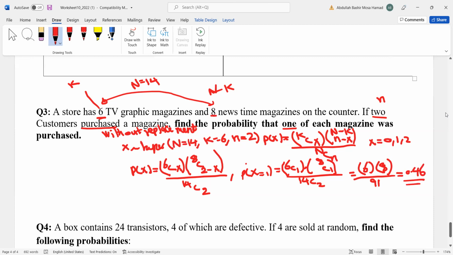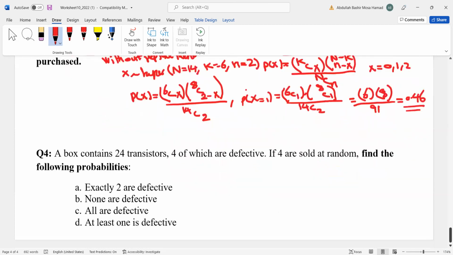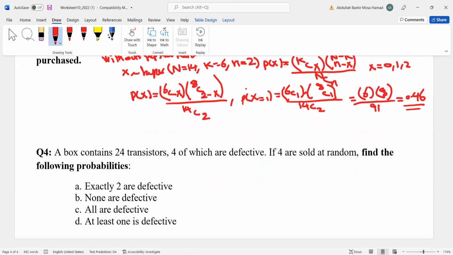Let's see the last question. A box contains 24 transistors. This is N, by the way. 4 of which are defective. This is K. If 4 are sold, sold means without replacement.